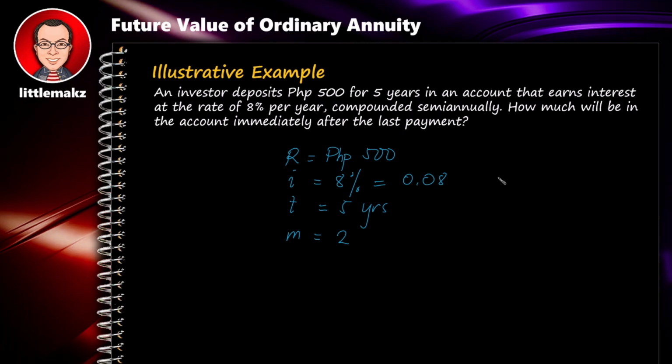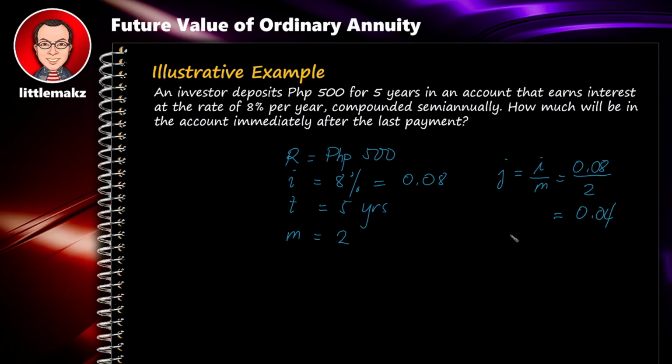So we could say that your j is equal to i over m, or that is equal to 0.08 divided by 2, or that is equal to 0.04.